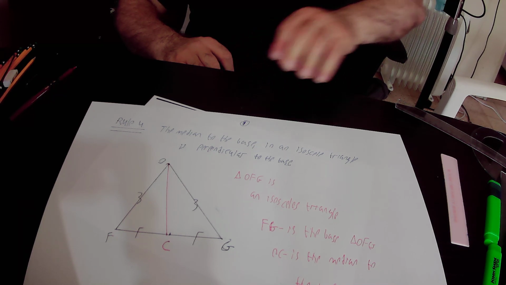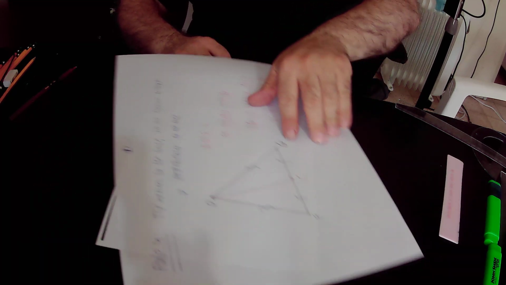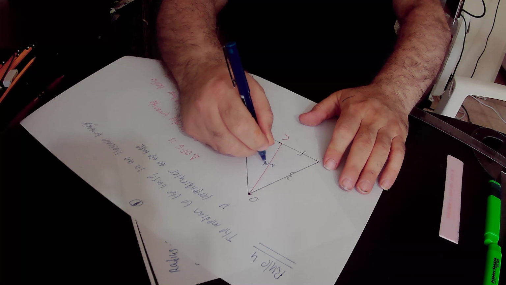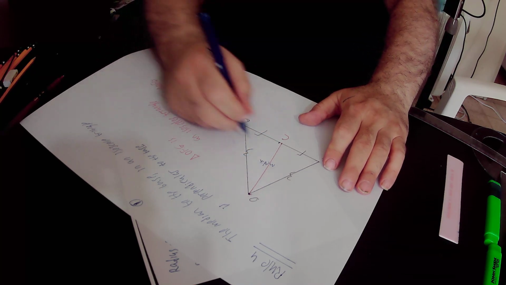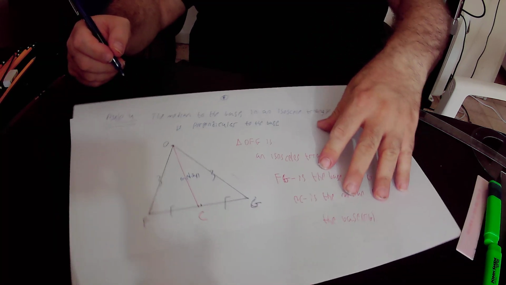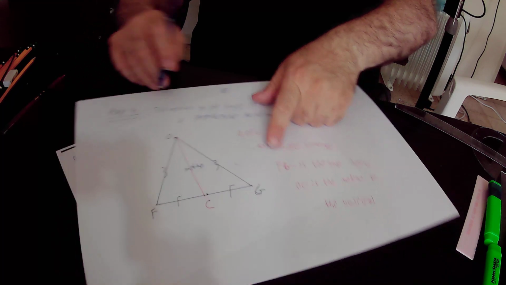So in the drawing we have the median OC. This is the median to the base. So the median OC to the base, according to rule number 4, is perpendicular to the base FG.